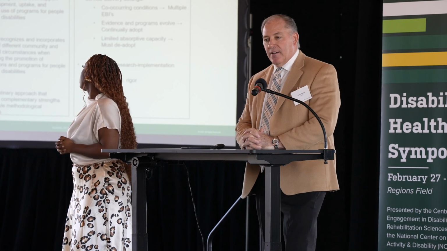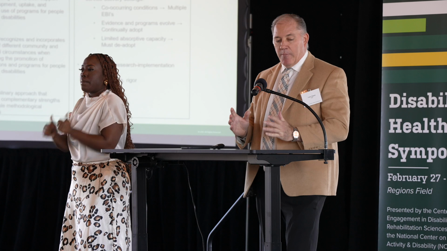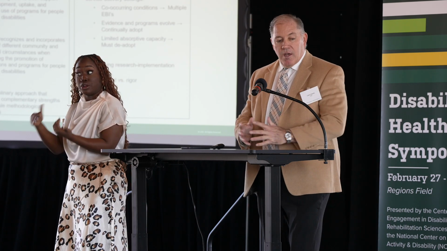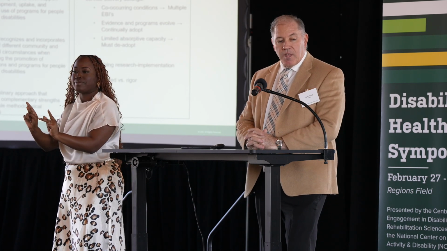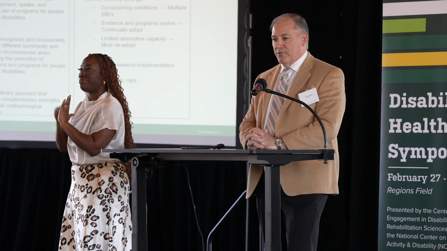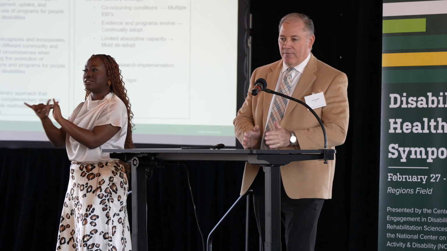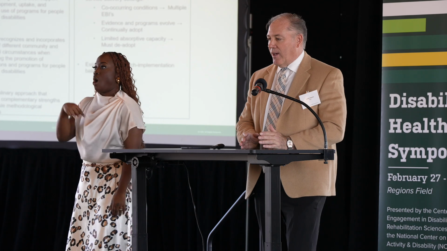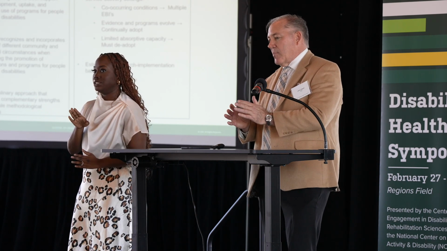The reality of most applications and most people is that they're facing a lot of different co-occurring conditions. It's really difficult to say, I only have diabetes, or I only have heart failure.